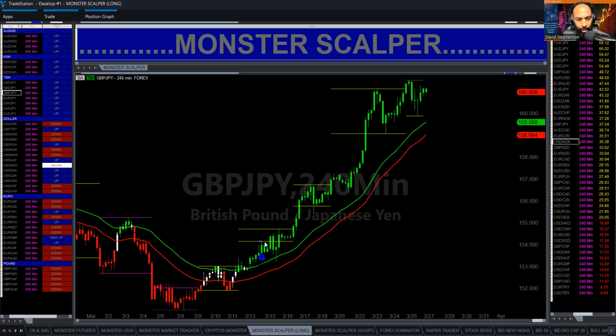Here is pound yen, and here is the buy signal. So let's say a big trader puts 10,000 on the trade right here.